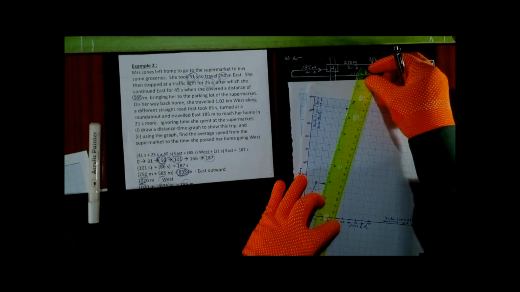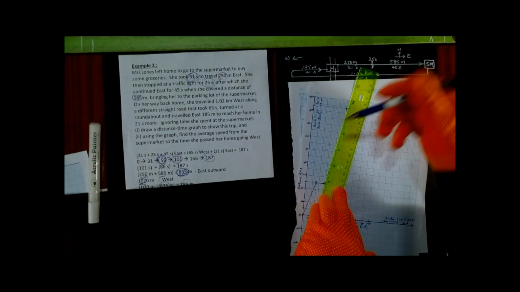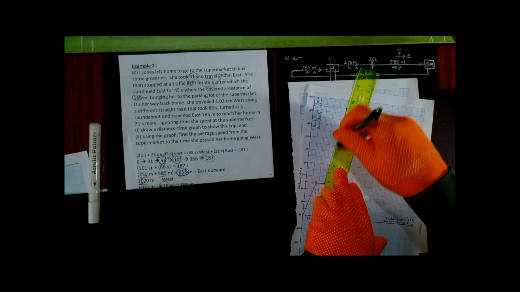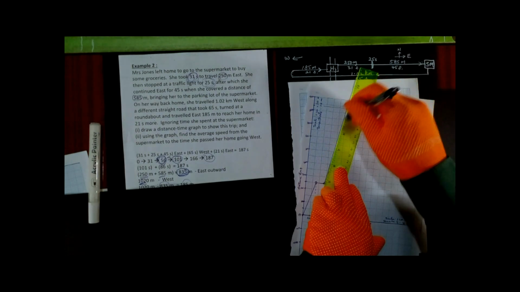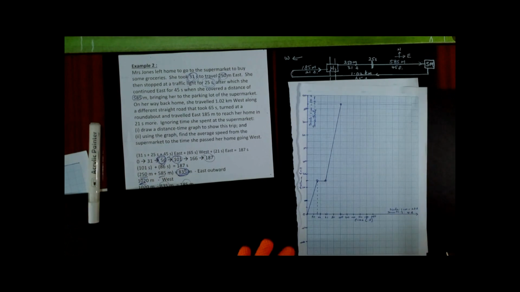Now remember, this is a distance time graph, not a speed time graph. A distance time graph. So we draw in this piece here. Okay. Now that's the outward journey.